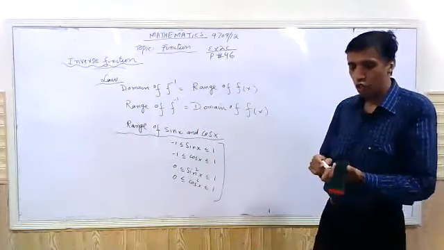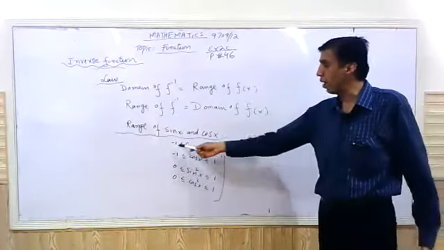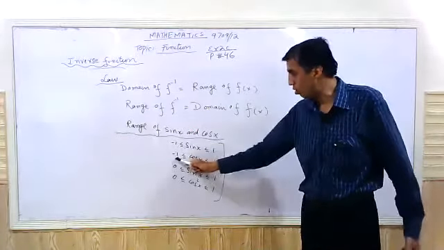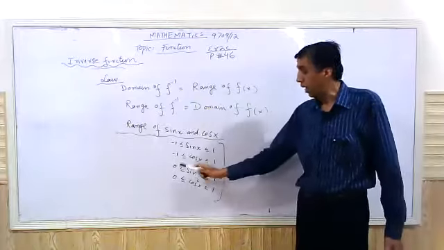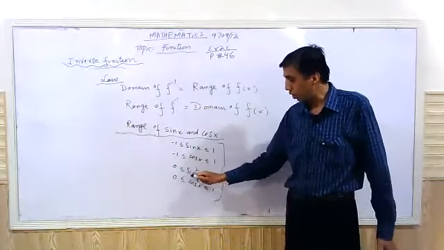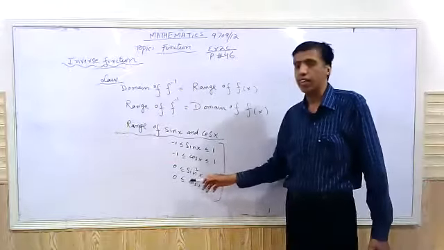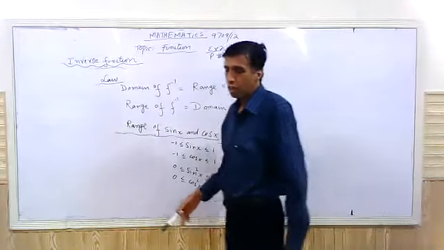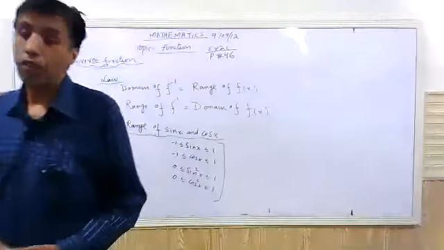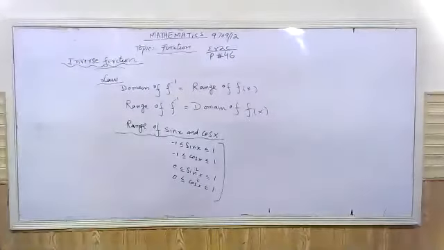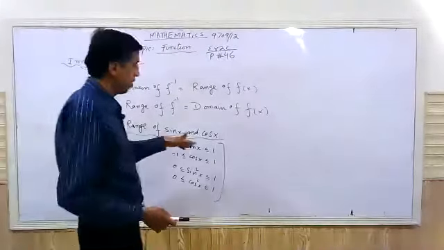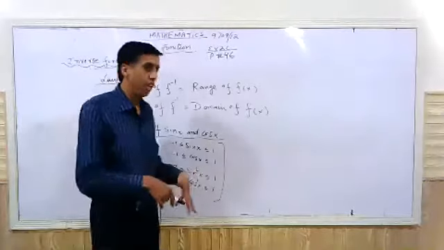The range of sin x is -1 to 1, cos x is -1 to 1, and if the function is squared, the range of sin square x and cos square x is 0 to 1. The range of tan x is in A2, not in your syllabus right now in AS.